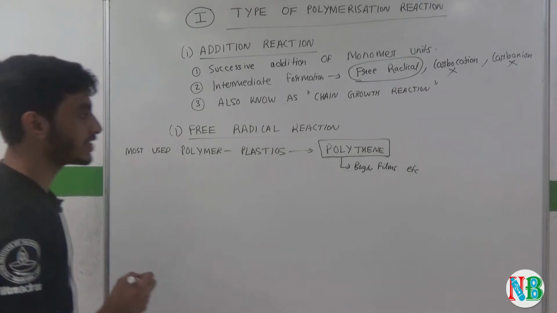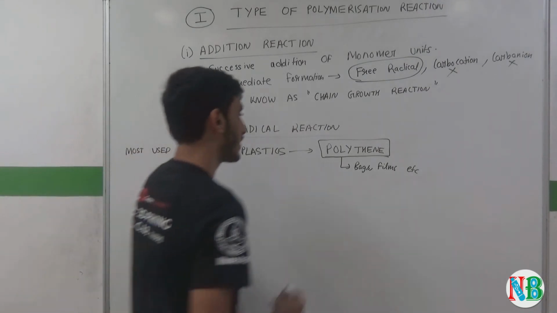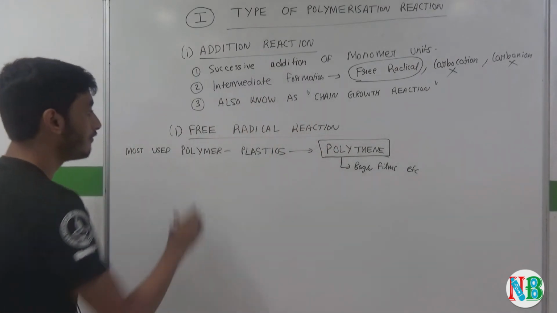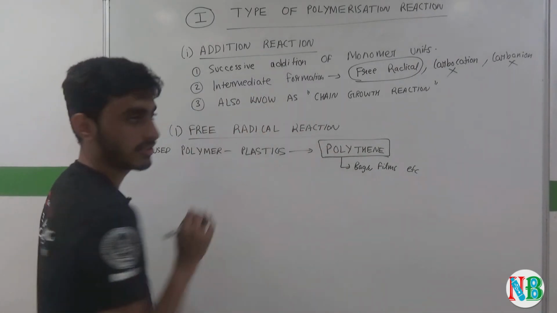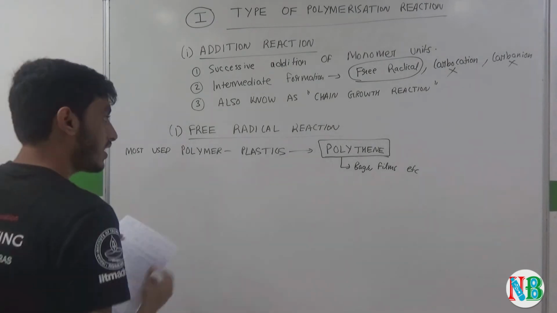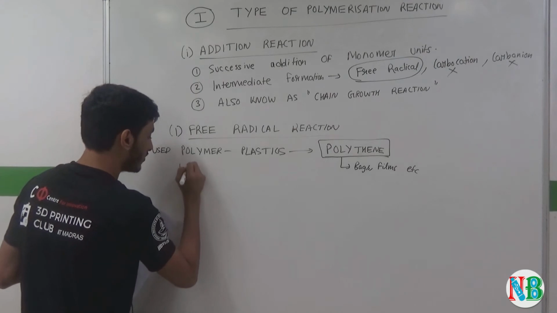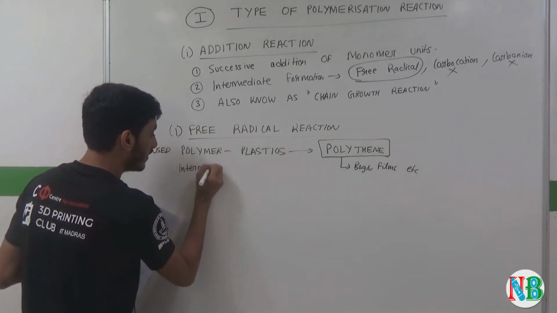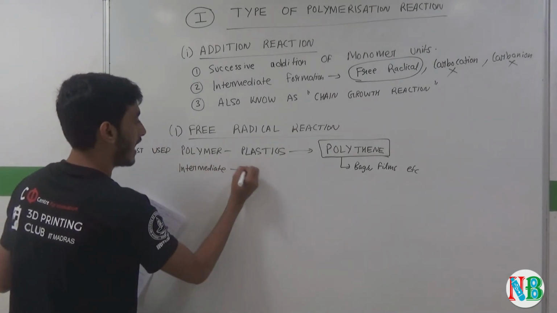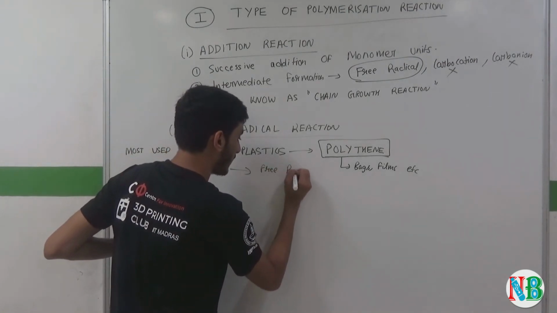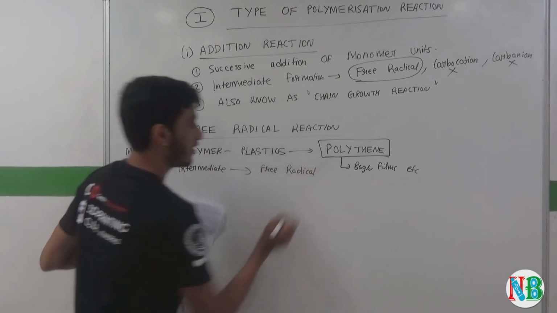You will be surprised to know that polythene is formed by a free radical reaction. In this case the intermediate, as you know, is a free radical.